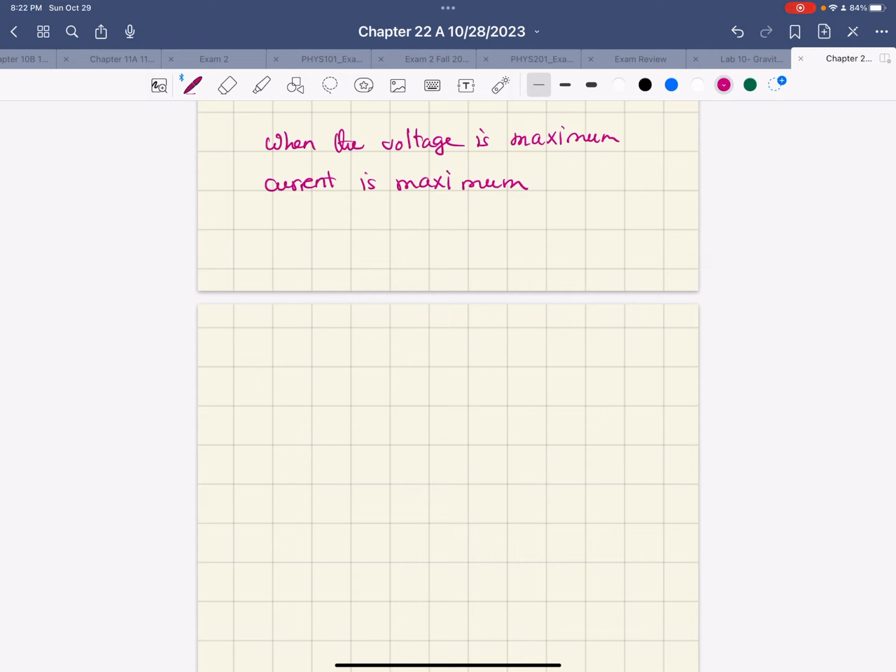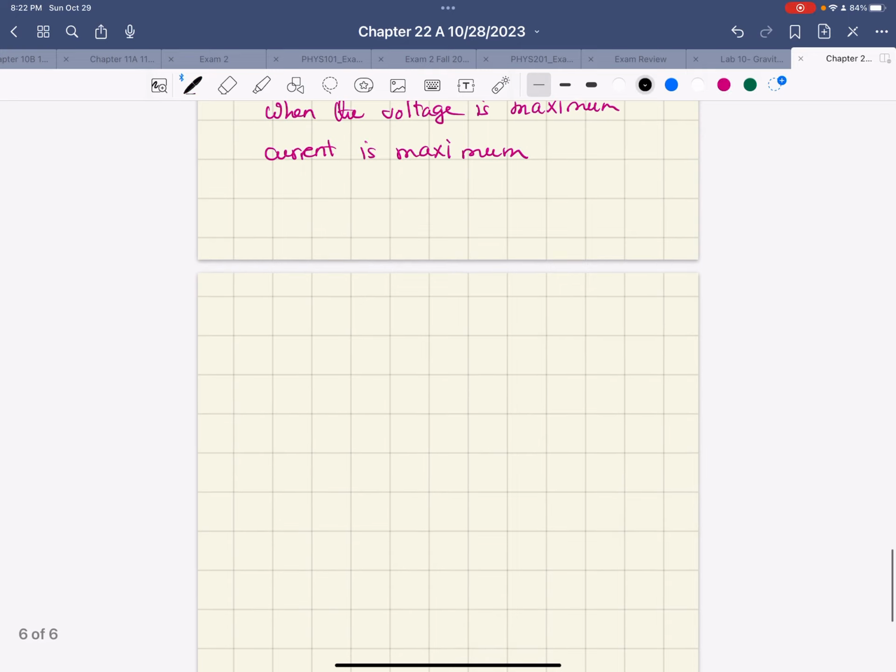Now, when I have an inductor in the circuit, the situation is different.